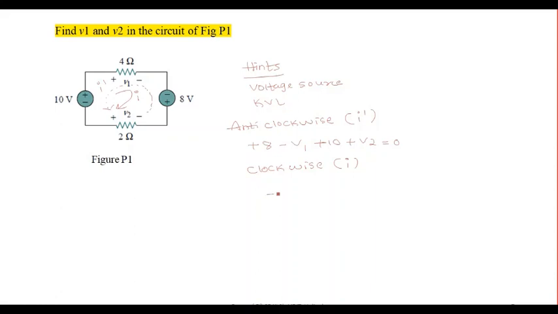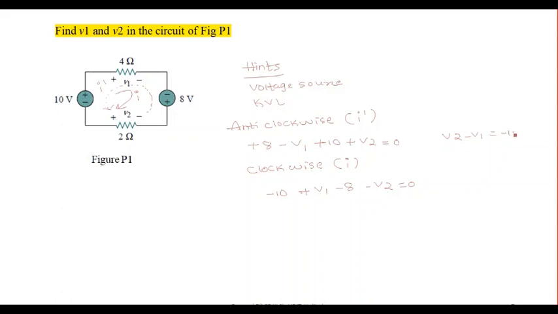So I can start from this source: minus 10 plus V1 minus 8 minus V2 equal to 0. If you rearrange these things, here you can see that V2 minus V1 equal to how much?